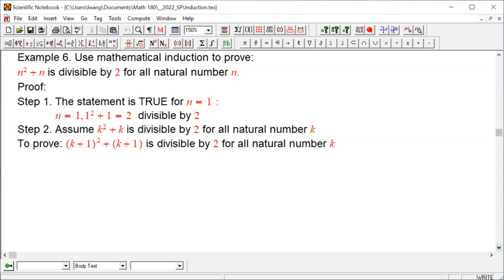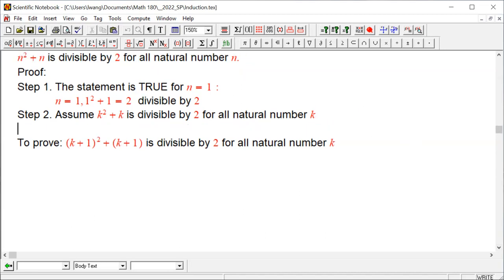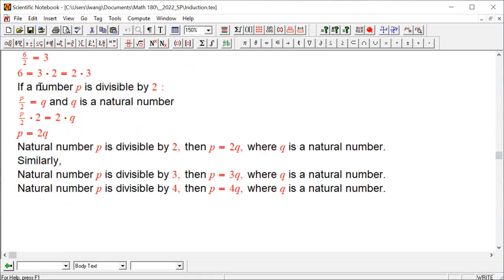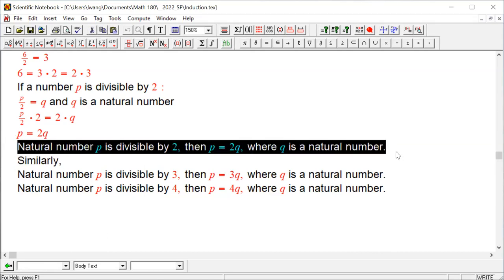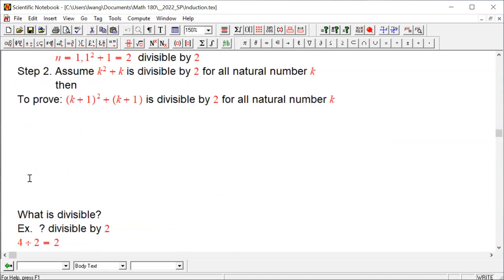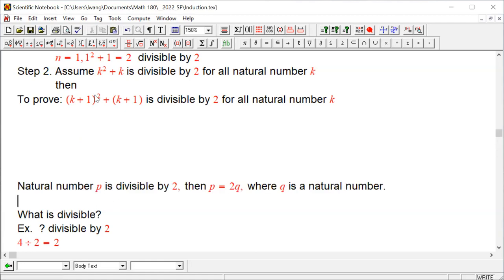But first, let's look at what the assumption leads us to. Because if k squared plus k is divisible by 2, then we can use this fact. How do we use that fact? Earlier on, we said that if a natural number is divisible by 2, I'm going to set this on the side as a little hint for us.